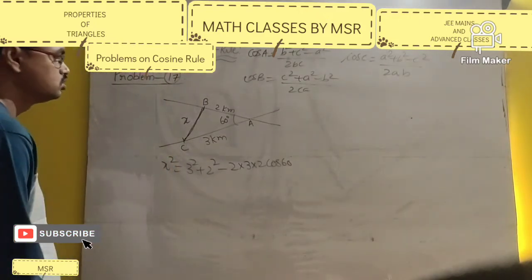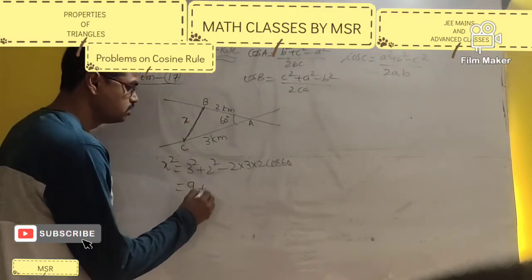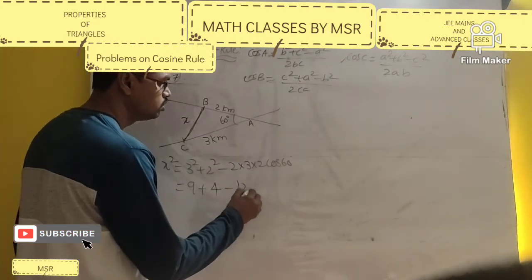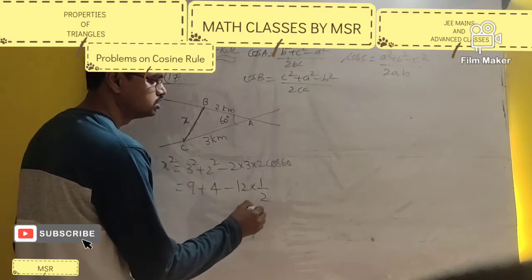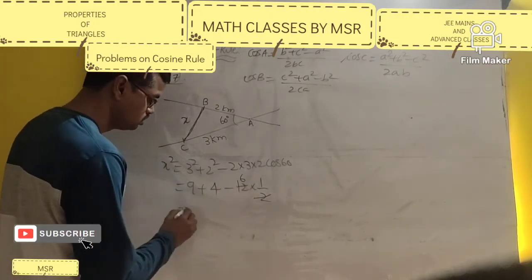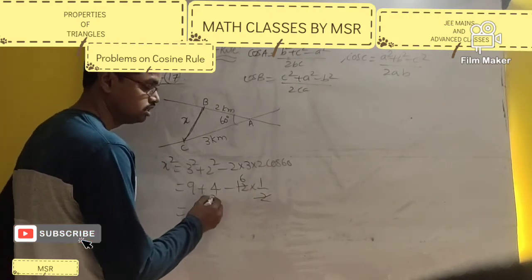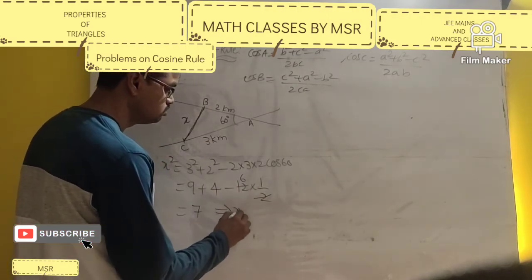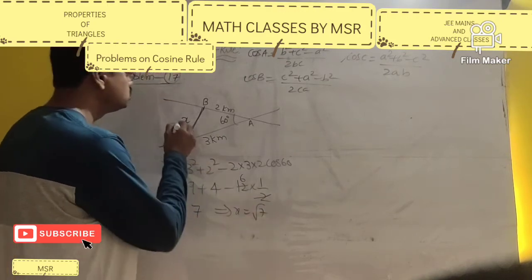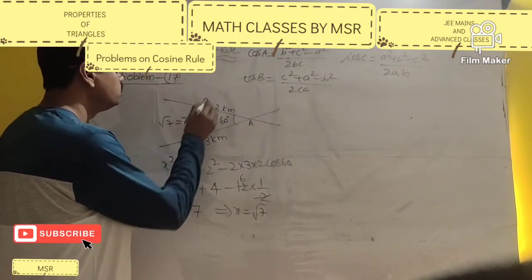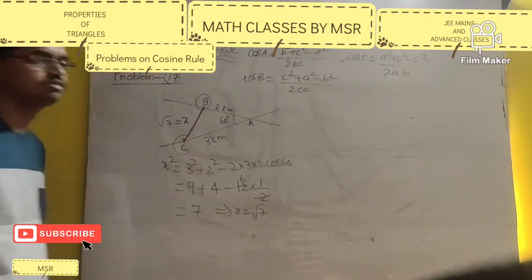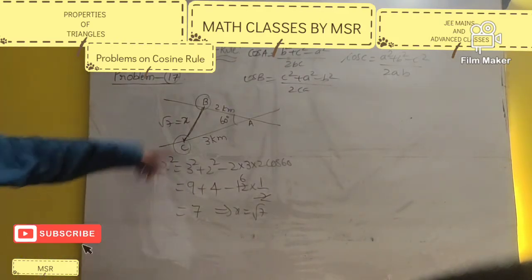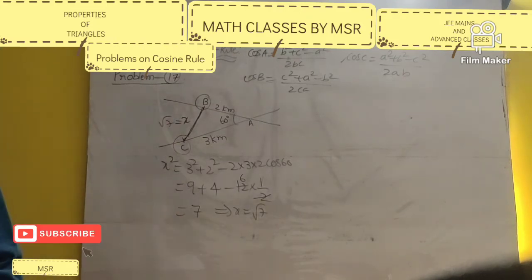Okay, so 3 square is 9, 2 square is 4, minus 2 threes are 6, 6 twos are 12, 12 into 1 by 2, since cos 60 is 1 by 2, is 6. 9 plus 4 is 13, 13 minus 6 is 7. x square is 7, so x equals root 7. So the distance between the two vehicles is root 7 kilometers.